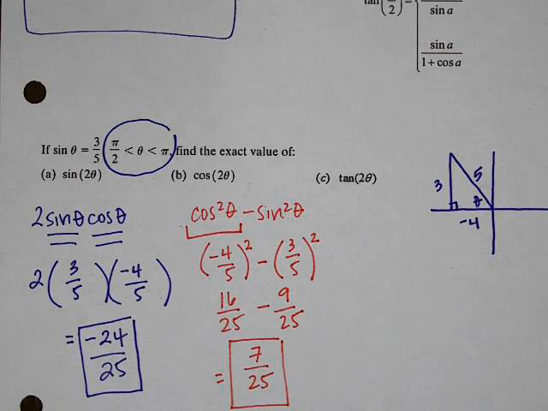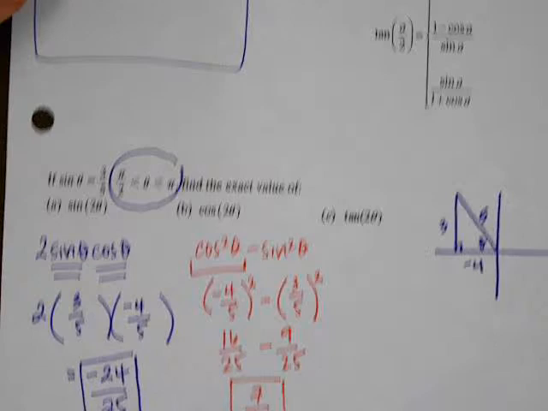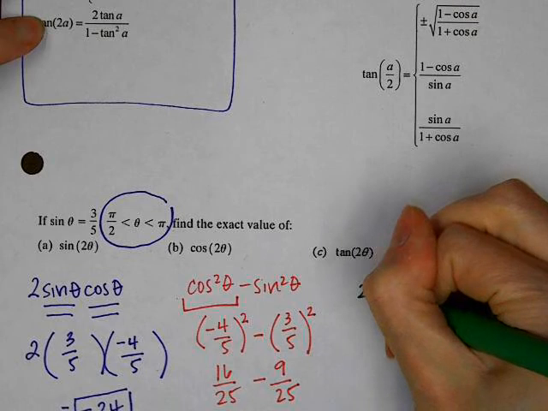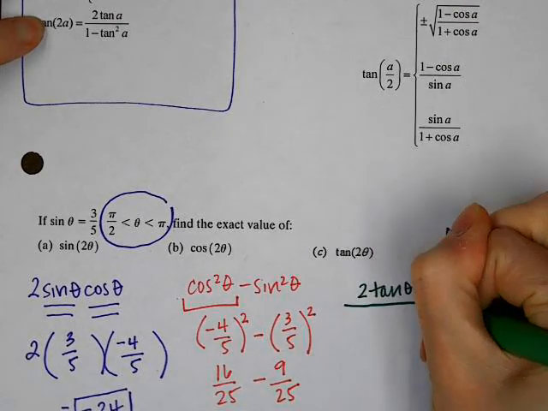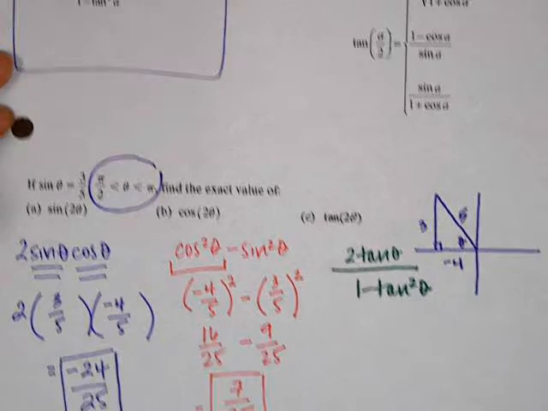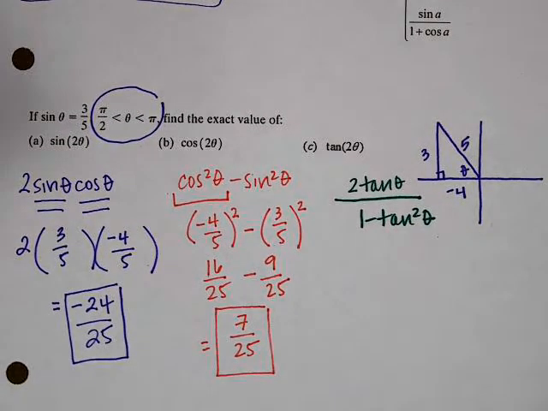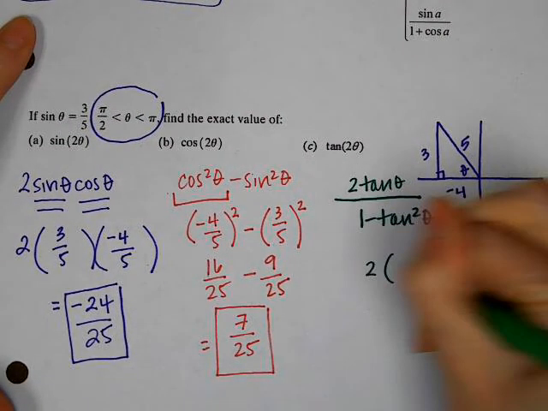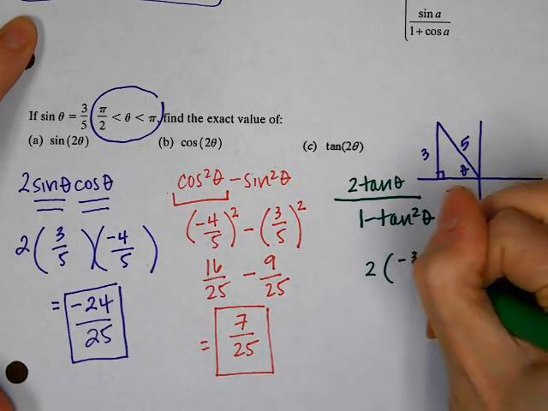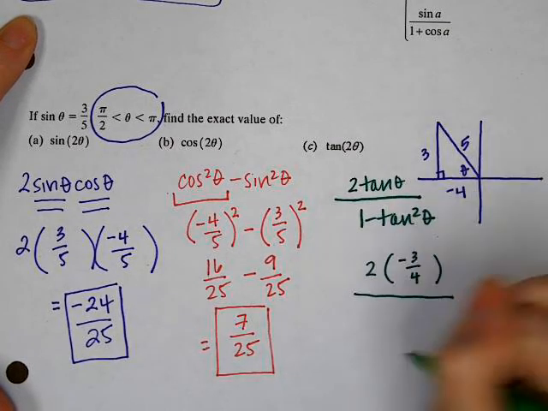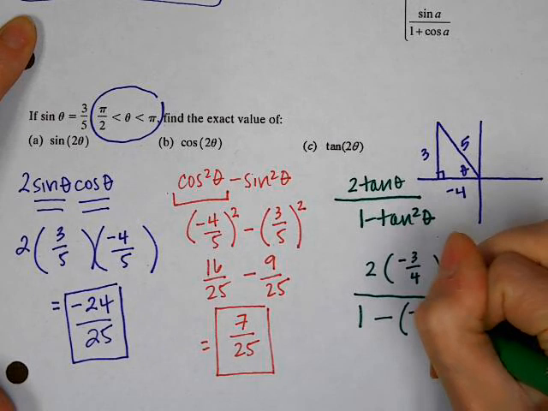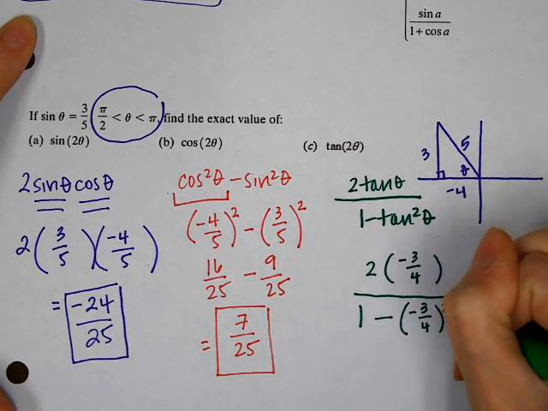And then for tan of 2 theta, I'm going to use the formula up here. It's 2 tan theta over 1 minus tan squared theta. All right, and we're just going to plug in tan. So 2 times, well, tan theta is O over H, so -3/4. And then it's over 1 minus tan theta squared, so -3/4 squared.